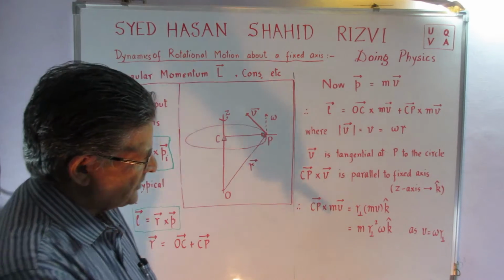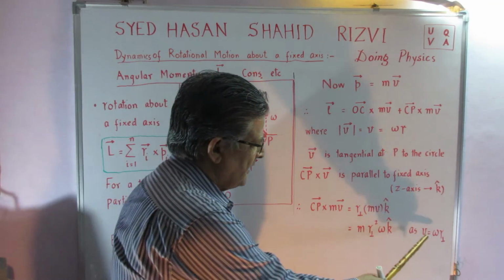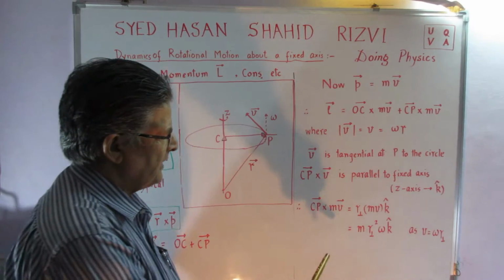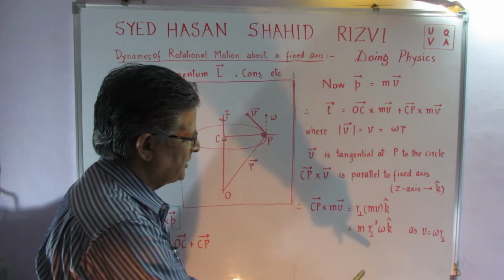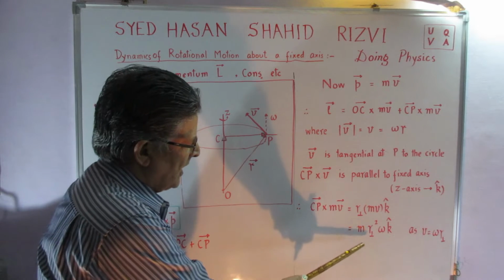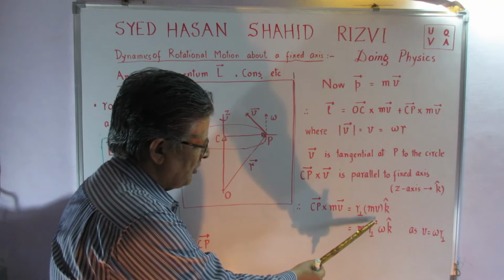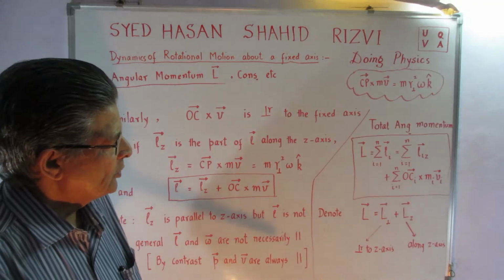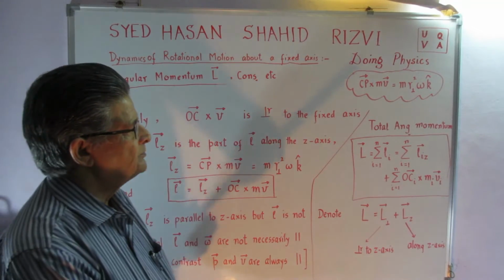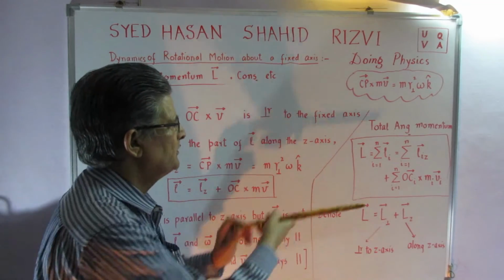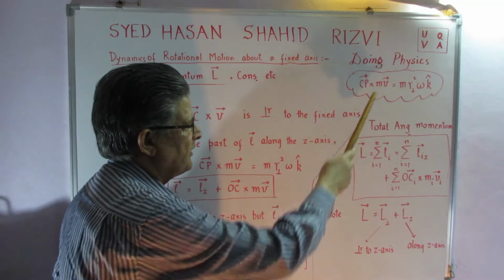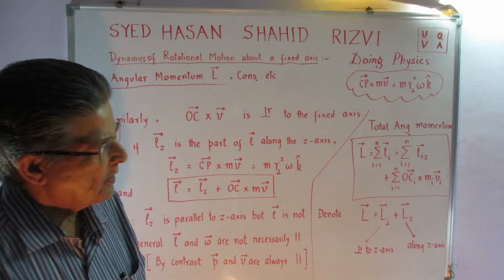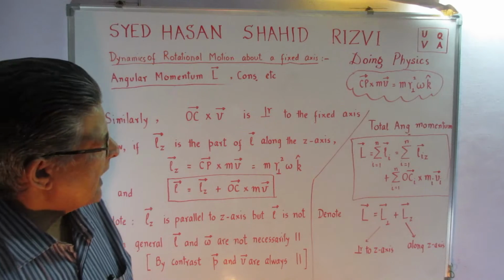As I substitute for V as omega R perpendicular, and rearrange terms, I get M R perpendicular square omega K cap. So we found for the CP part that CP cross MV is equal to M R perpendicular square omega K cap.